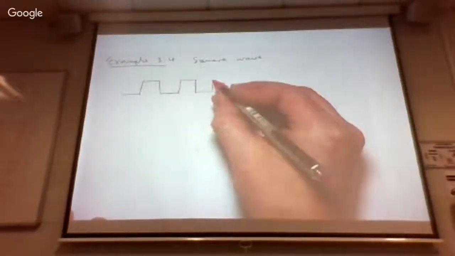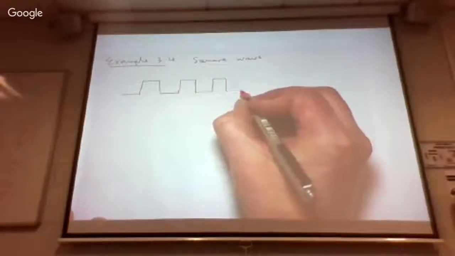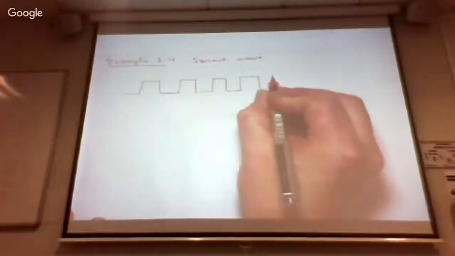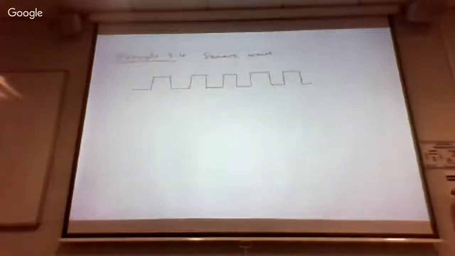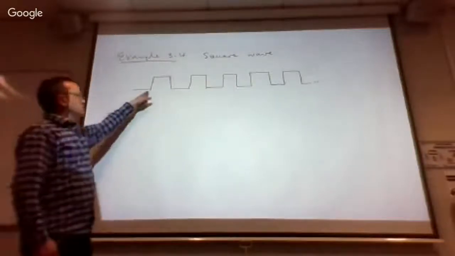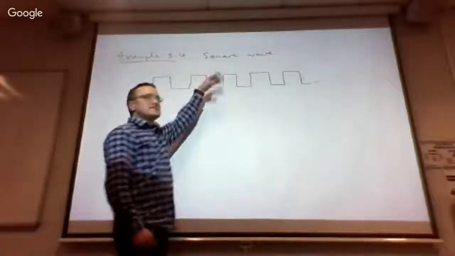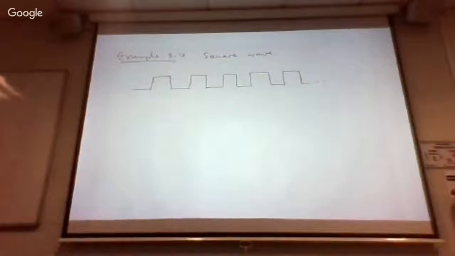These are supposed to be straight lines. So it's not a nice, elegant, continuous signal like the sine function or the cosine function. The square wave is alternately on and off. So it's off, then it's on, then it's off, then it's on. So it's a basic kind of discrete oscillating signal.